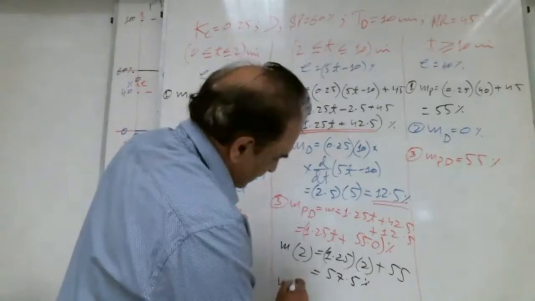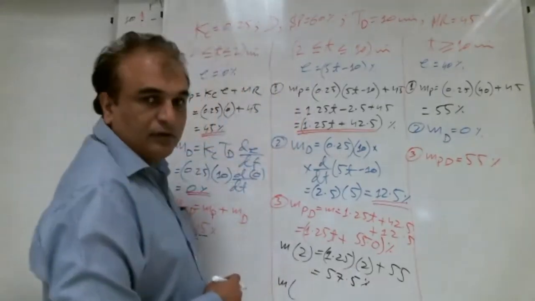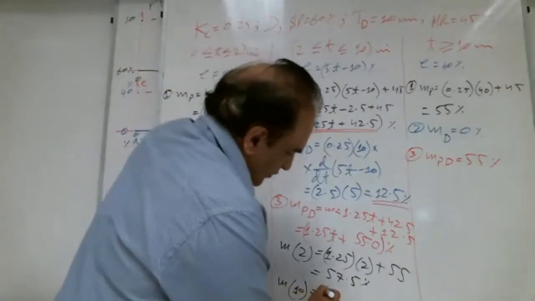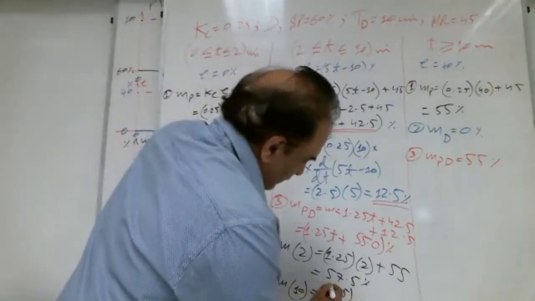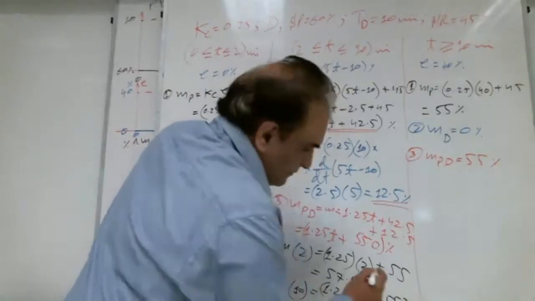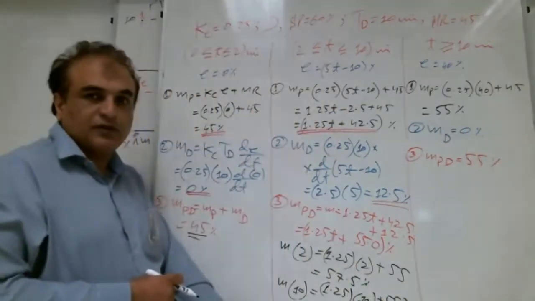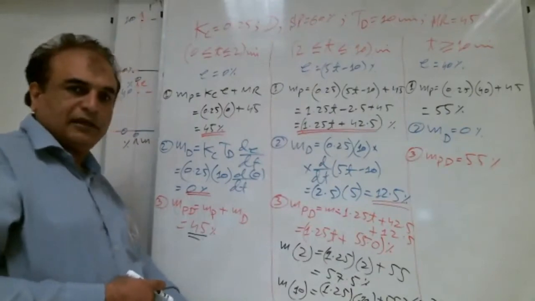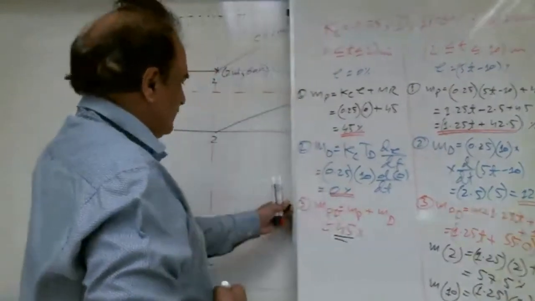And what is the second point, Shabab? 10. Very good. That is equal to 1.25 into 10 plus 55. How much about? 67.5. Very good. Right, Shabab? Now we need to draw it.